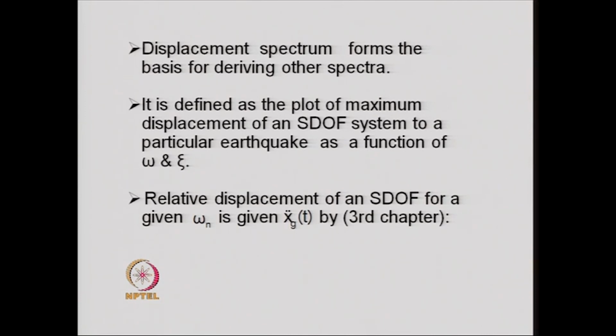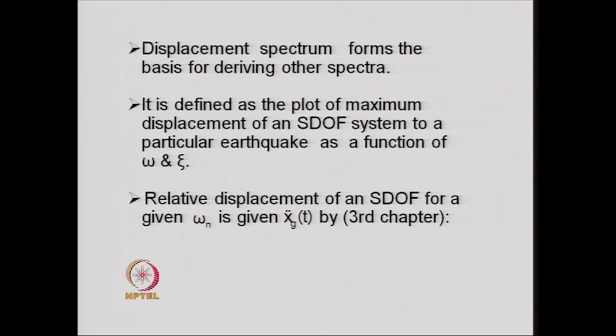The displacement response spectrum is defined as the plot of maximum displacement of an SDF system to a particular earthquake as a function of the frequency and damping ratio. I assume that all of you have a preliminary knowledge about structural dynamics.